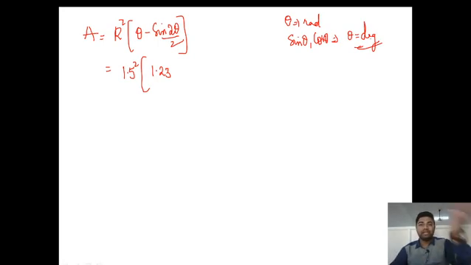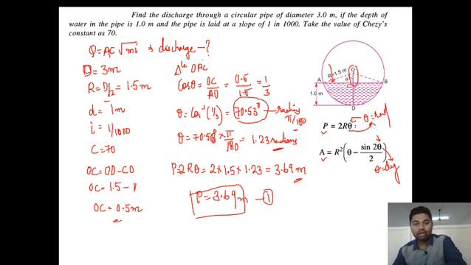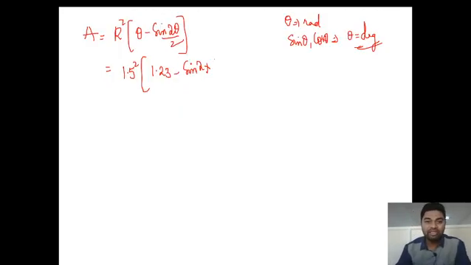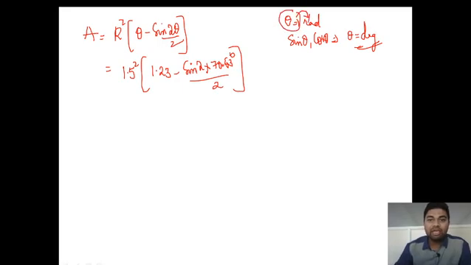Remember this. So sin 2 into 70.53 degrees by 2.